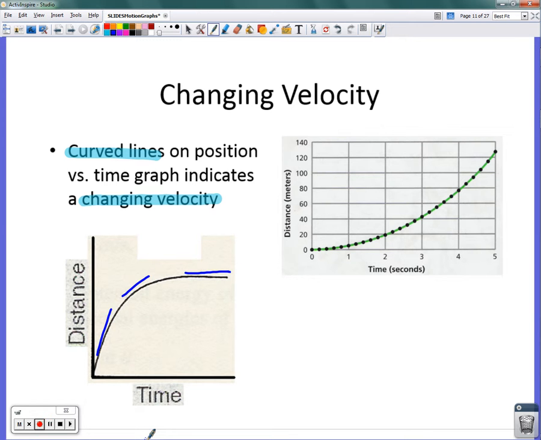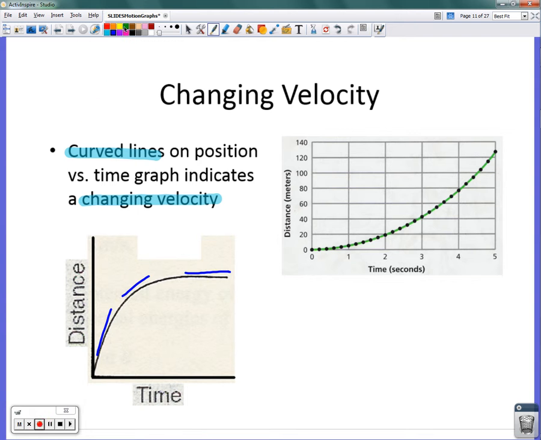It appears we've gone back to a horizontal line. If the slope starts steep, gets less, and ends up horizontal or zero slope, physically that would represent an object that is slowing down.